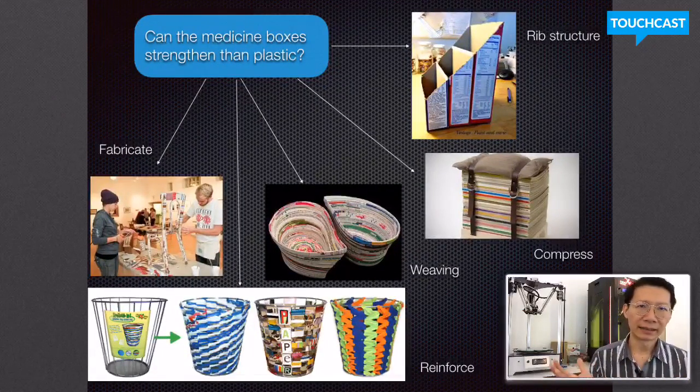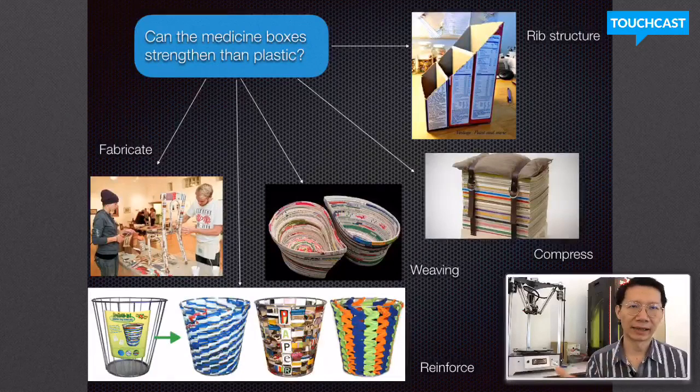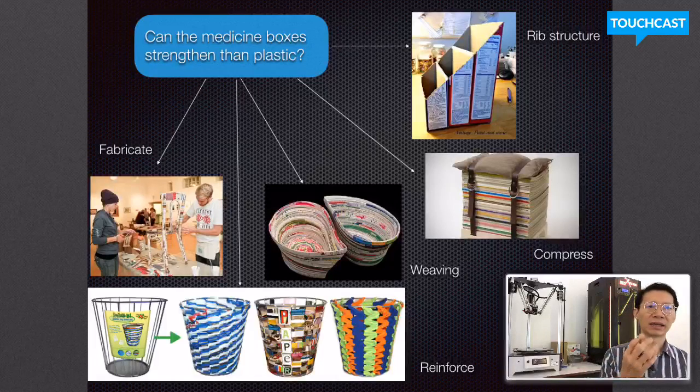And this is another example. For example, can the medicine box be stronger than plastic? You can do a lot of things like fabrication and weaving. By fabrication, you take the old chair and wrap newspaper around it, or for weaving, you take the newspaper and glue it like a bow.